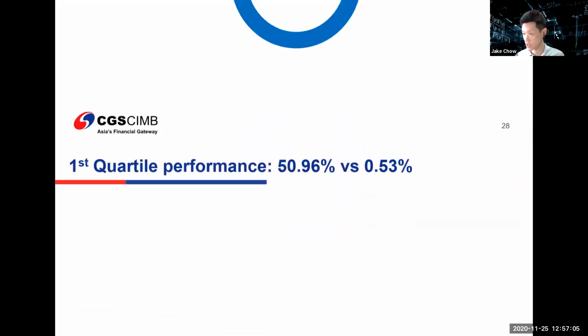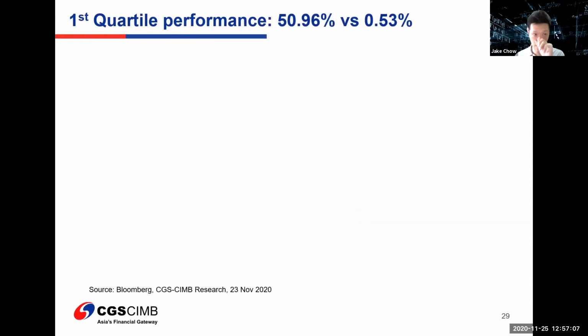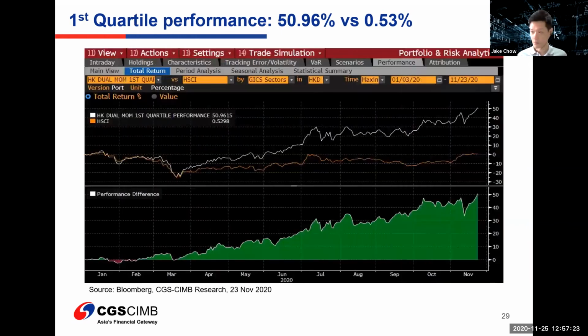And of course, just to sum up the performance, year-to-date performance since the beginning of the year, we started sharing these models with brokers and clients in January officially. So this is the performance of the first quartile. This performance over here excludes transaction costs, right?